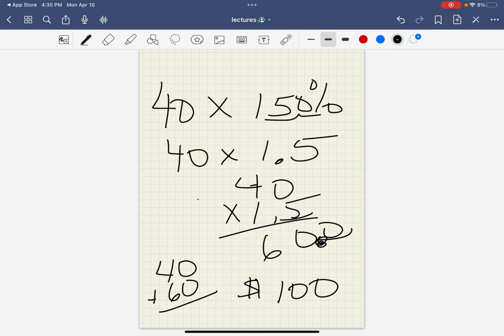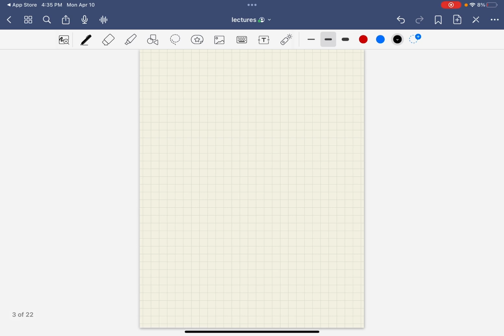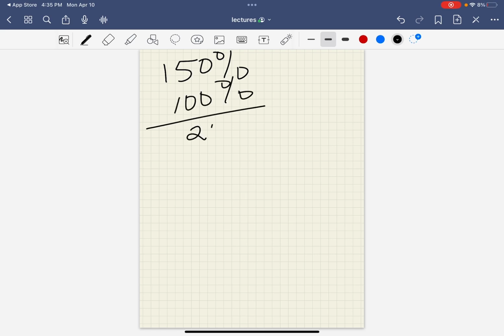Now, the other way to work it is to consider that the $40, the price of the dress, was 100% of itself. So if we're marking it up 150%, it's now not just going to be 150%, but it'll be the 150% plus the 100% that it already was. So it's actually going to be 250%.